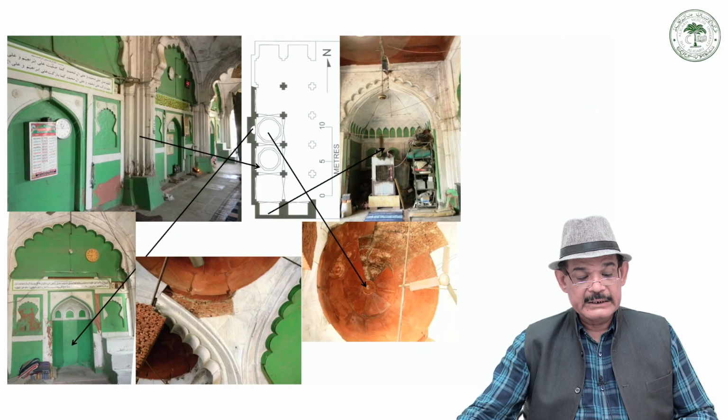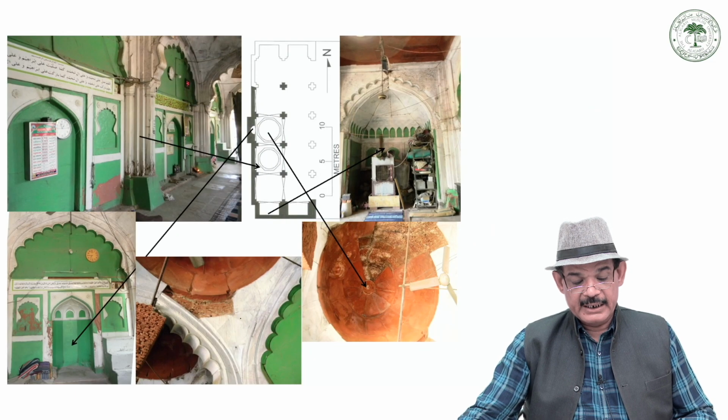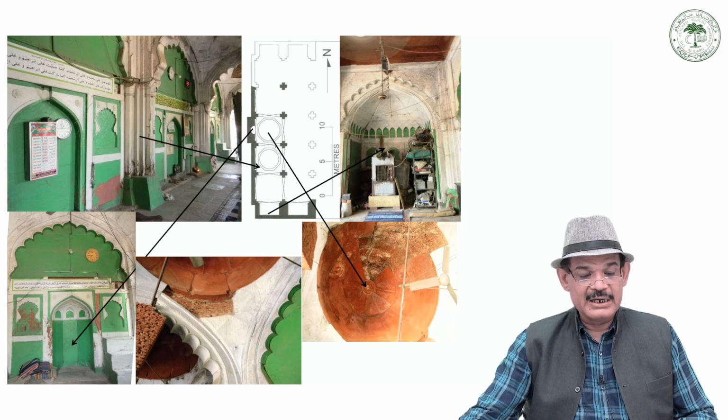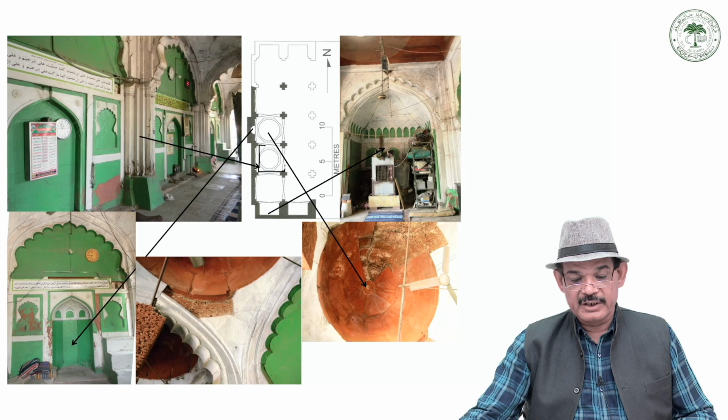Inside, this building is built with cusp arches, multifoliated arches, and four arches create a square bay.